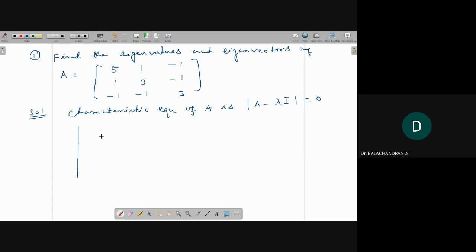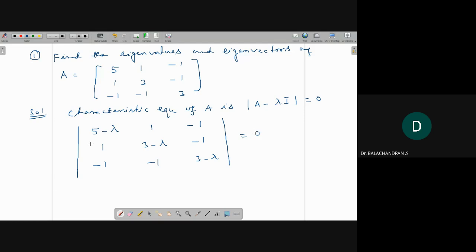So I am asking, what is the matrix A minus lambda I? 5 minus lambda, 1, minus 1; 1, 3 minus lambda, minus 1; minus 1, minus 1, 3 minus lambda. Okay, thank you, Prashant. I am going by the first method, equal to 0.